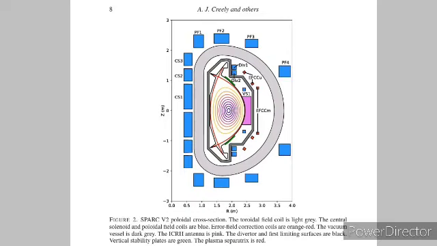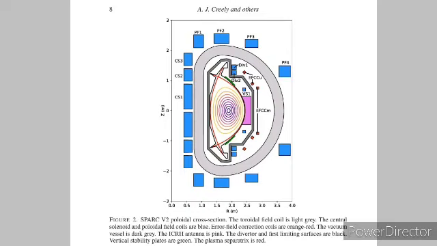As is described further in Chapter 4, the compact size of SPARC allows it to achieve a well-equilibrated plasma in terms of energy confinement and magnetic equilibrium in a relatively short discharge, smaller than 10 seconds, compared to a larger machine like ITER.